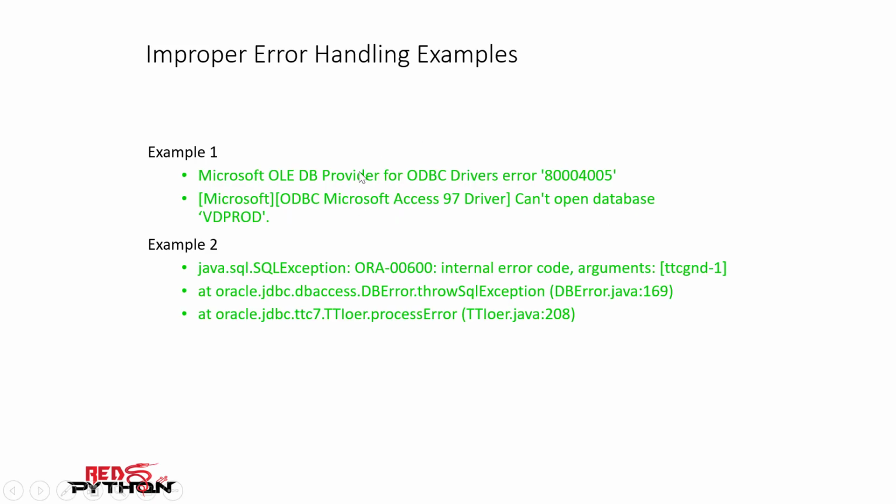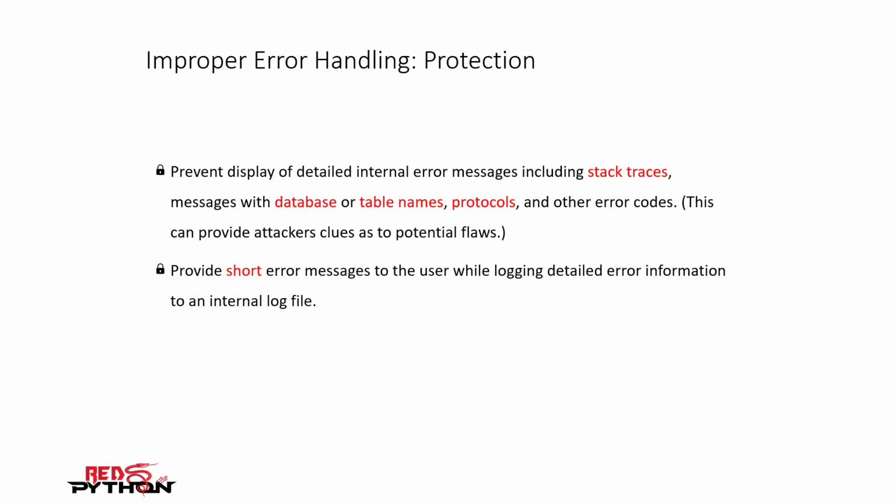In the first example, it's obvious that we're using a Microsoft Access database, and this is the name of the database. In the second example, it's obvious that we're using SQL, we're using Oracle. So the attacker, knowing this important piece of information, will tailor their kill chain or attack approach in order to compromise our environment.